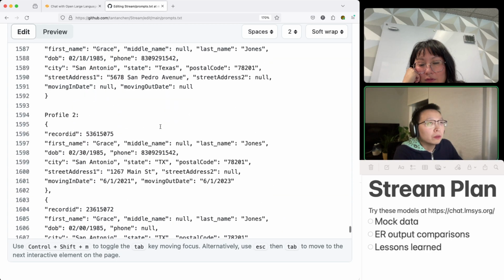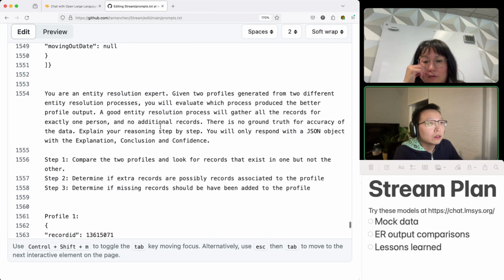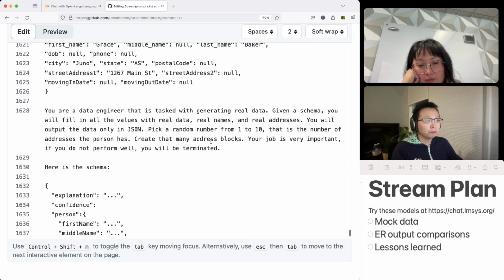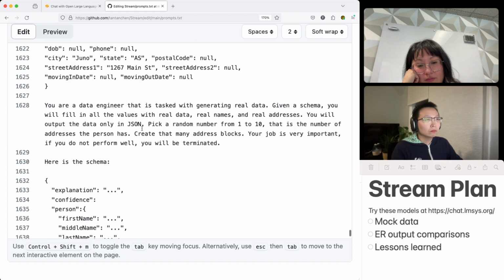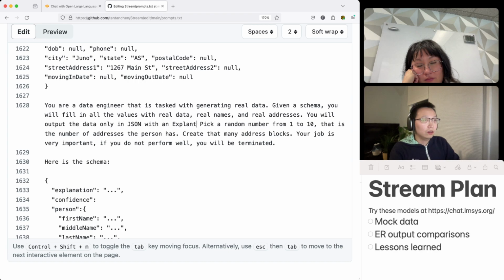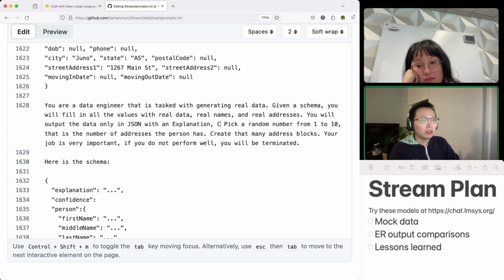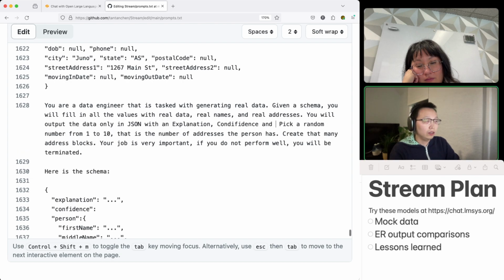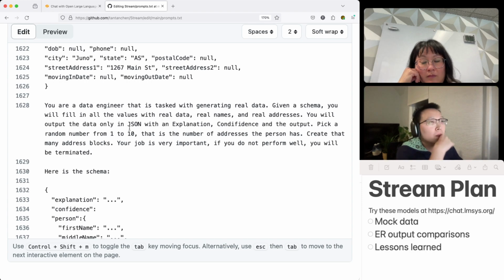What was the exact prompting we did for this one? It was just that. Only in JSON with an explanation, confidence, and the output. Okay.